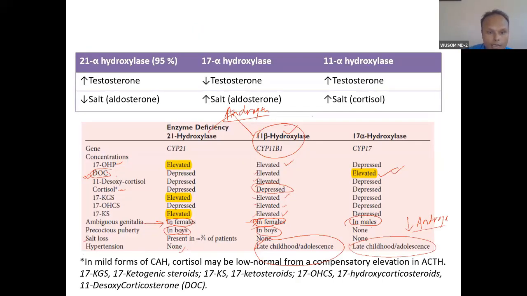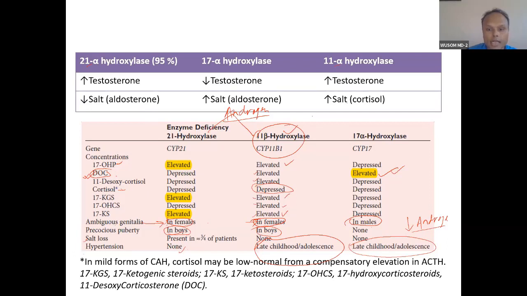Because this is female. This is female. Okay, very simple. Ambiguous genitalia female, because sex corticoid is high in this too. So 11 means both are high. Here testosterone is high. So both have testosterone high, and the female is affected.